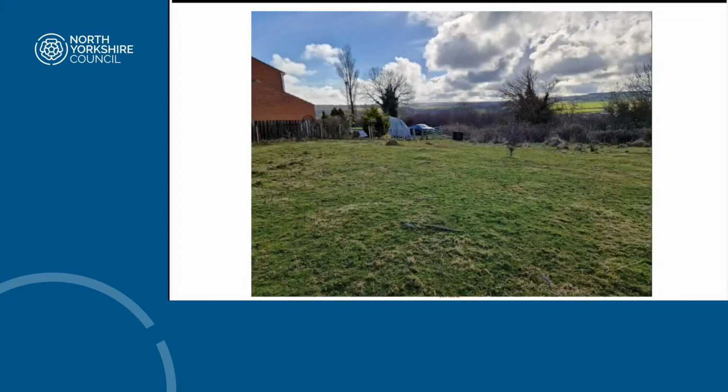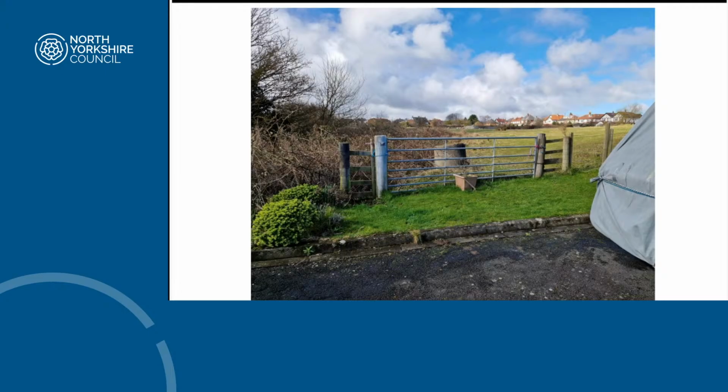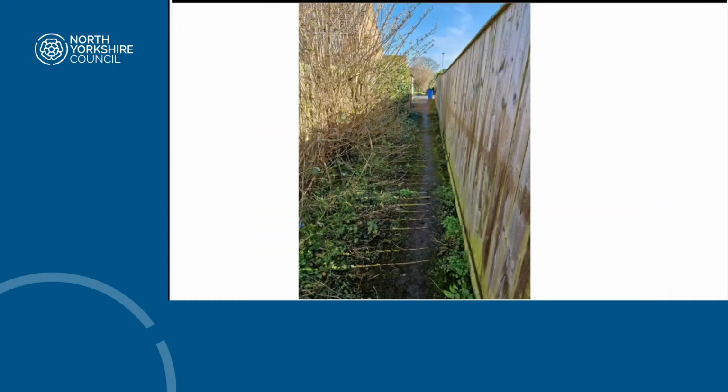And this is the location of the vehicular access to Pembroke Way. This is a shot over the site, looking over to Ruzza Plain. And this is the access location viewed from the carriageway on Pembroke Way. This is the existing pedestrian access to Drake Close.